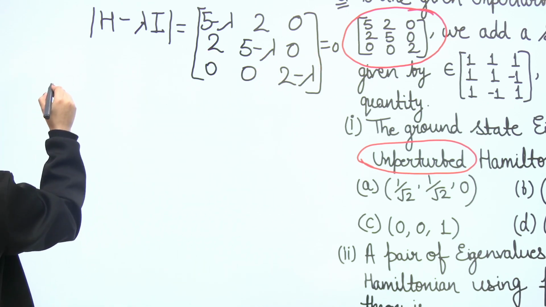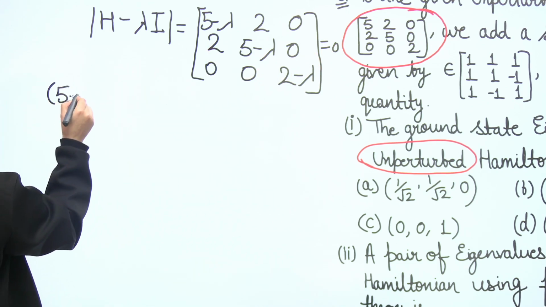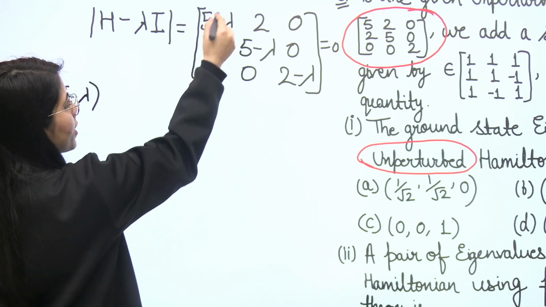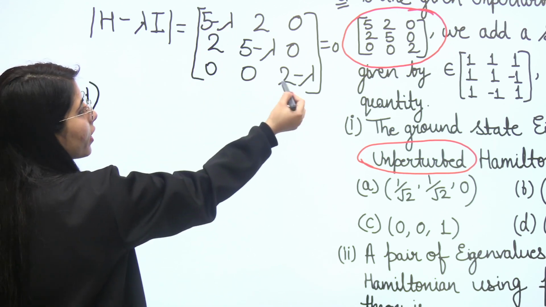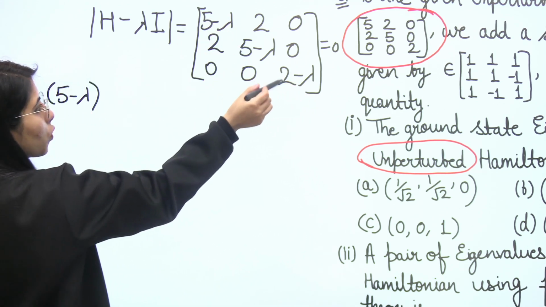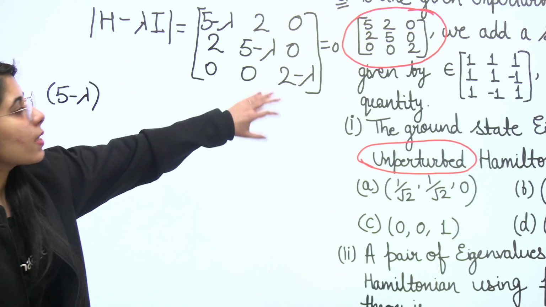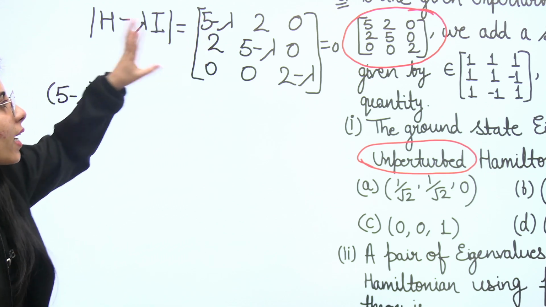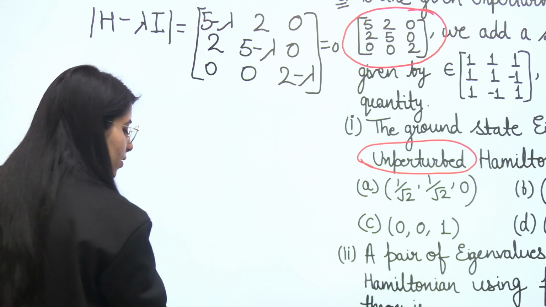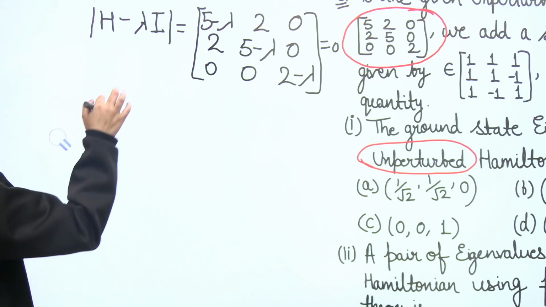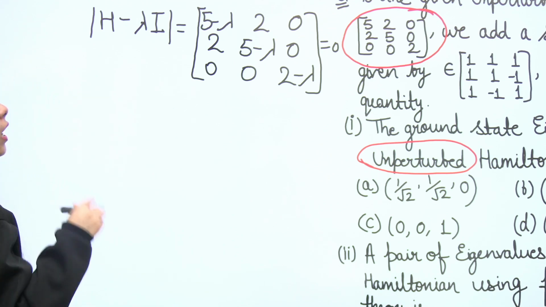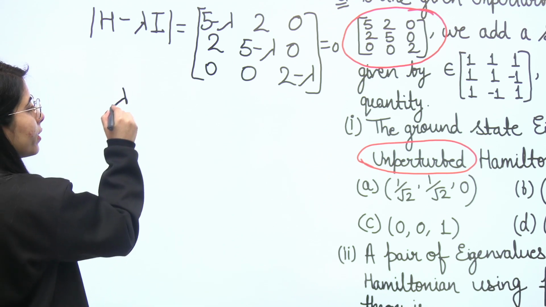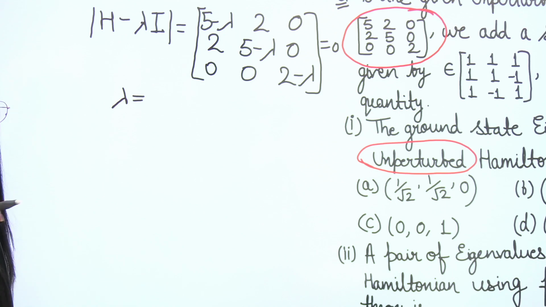To find the determinant, you will write 5 minus lambda as it is, or you can just find it corresponding to this value, that is 2 minus lambda. You will write it as it is, then cross multiply these two values, minus 4. That's how it will be easier and less time-consuming for you. So just work on finding its determinant. Once you do that, then after simplification you will get the lambda values.